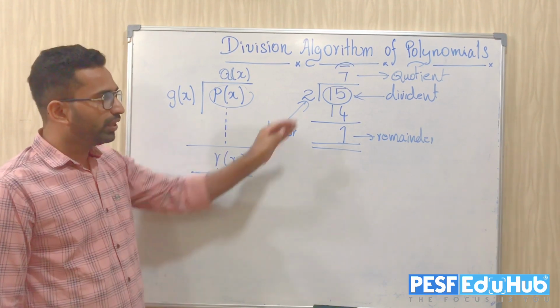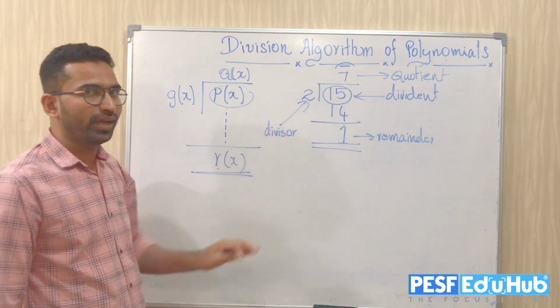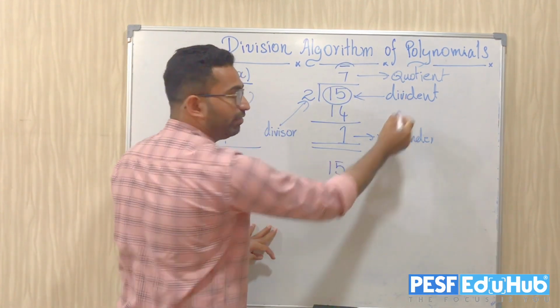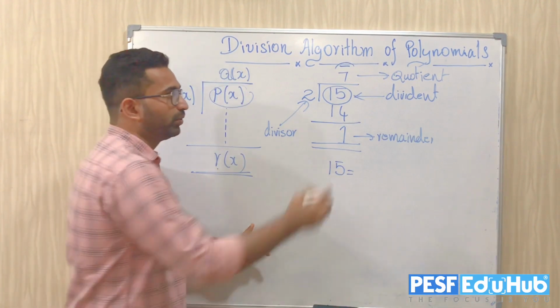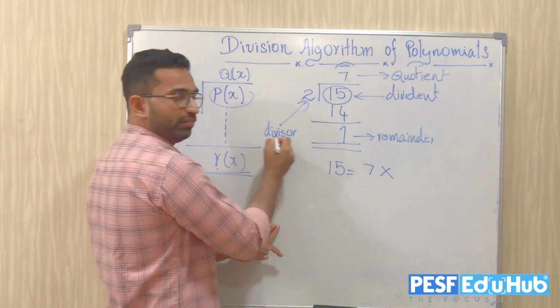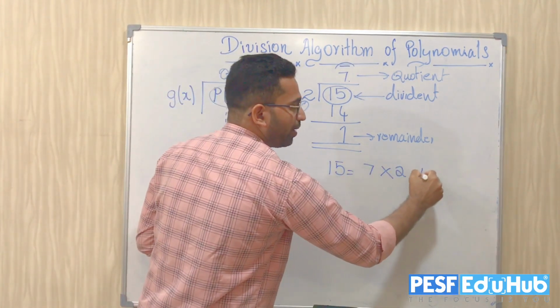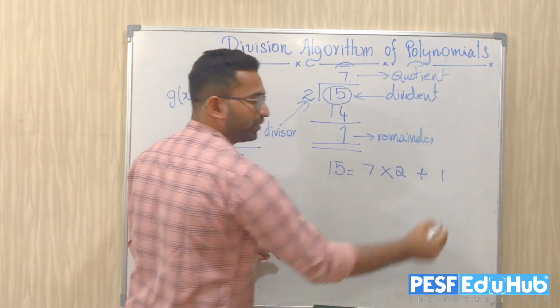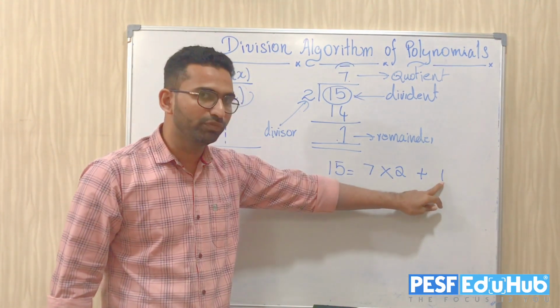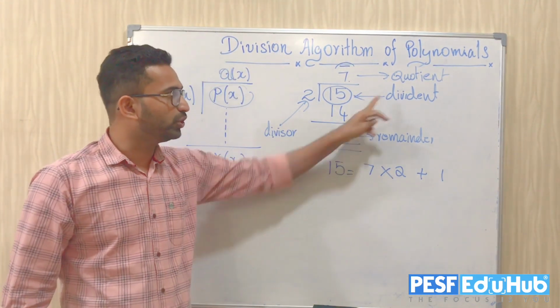Now here in the case of numbers, I can write this 15, that means your dividend, is equal to quotient 7 into your divisor 2 plus your remainder. Am I right? How much is 7 into 2? 14. 14 plus 1 is equal to 15. Yes, 15. That was your dividend.